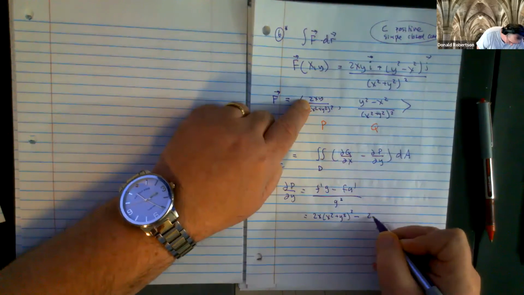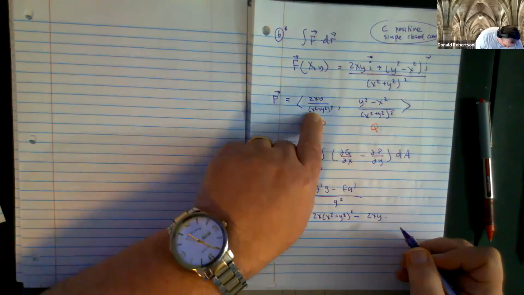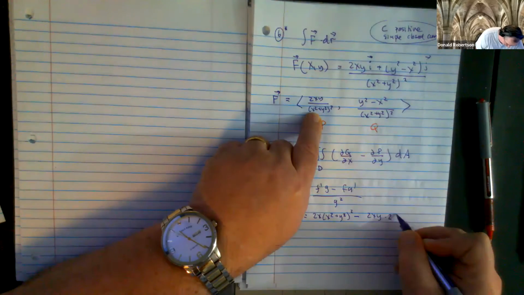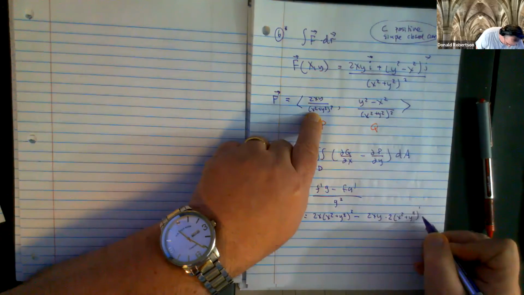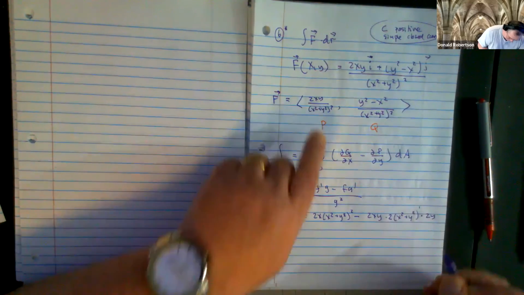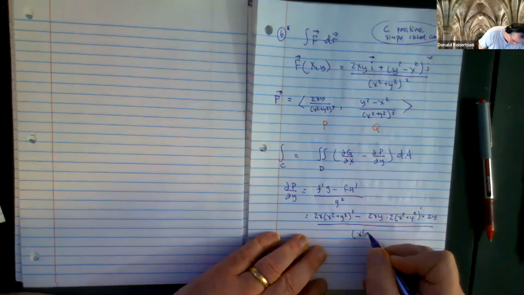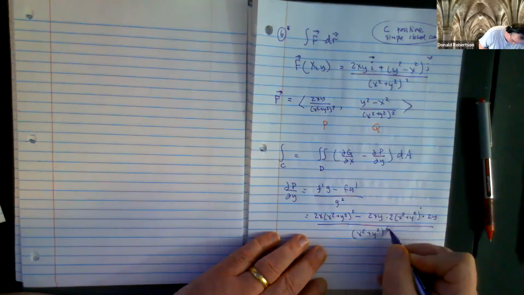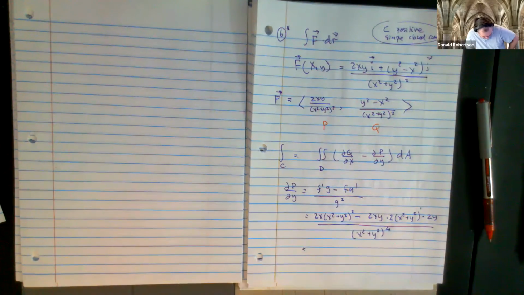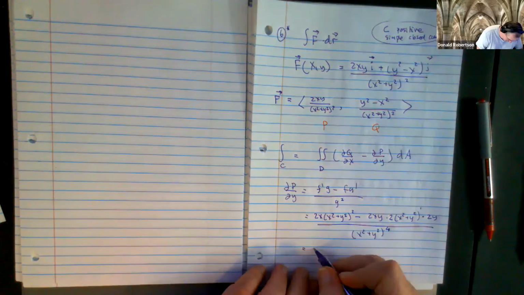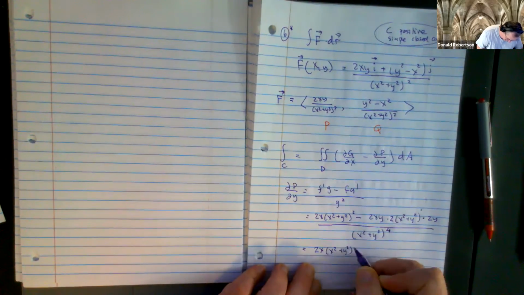Take away, leave this guy alone, and then you differentiate the bottom with respect to y, which is 2 lots of x squared plus y squared to the power of 1 times another 2y. And the whole thing ends up with the bottom squared, which now is 4.